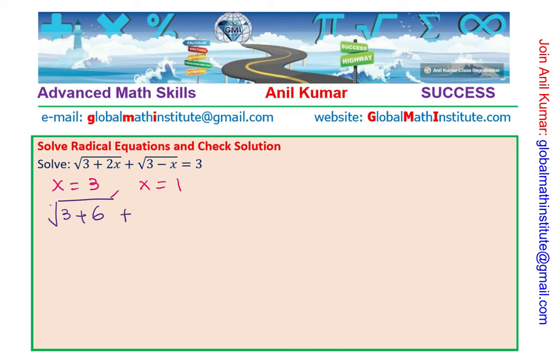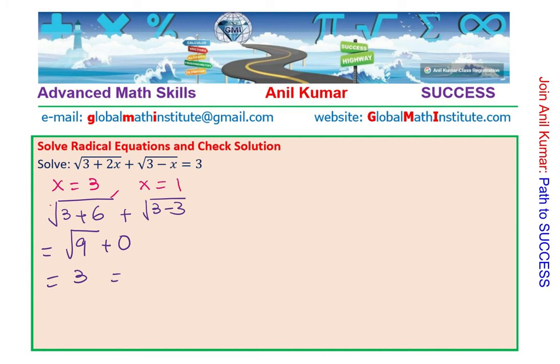And then we got plus square root of 3 minus 3, right? What is this equal to? 6 plus 3 is 9, square root, right? That is 3. And the other is 0, so the sum is indeed 3, which is equal to the right hand side, right? Makes sense? So that really works perfectly. Not an issue. But what happens when I substitute 1 here? Let's see that part, right?